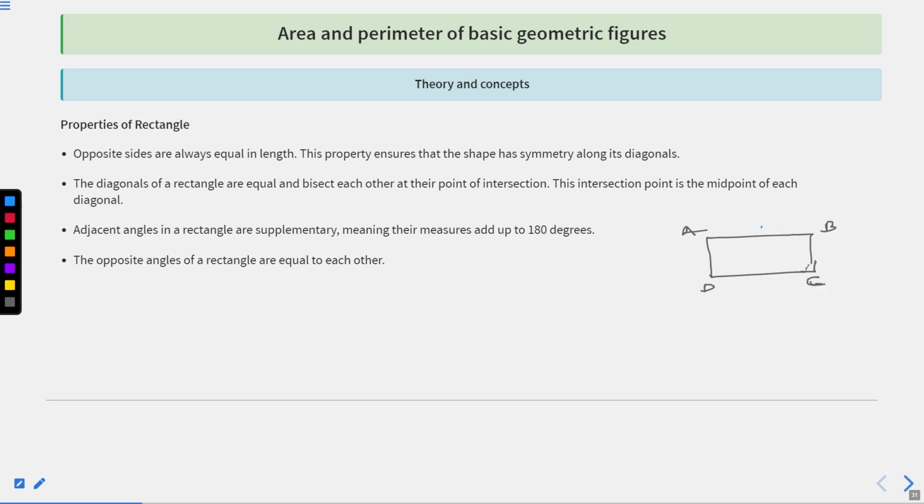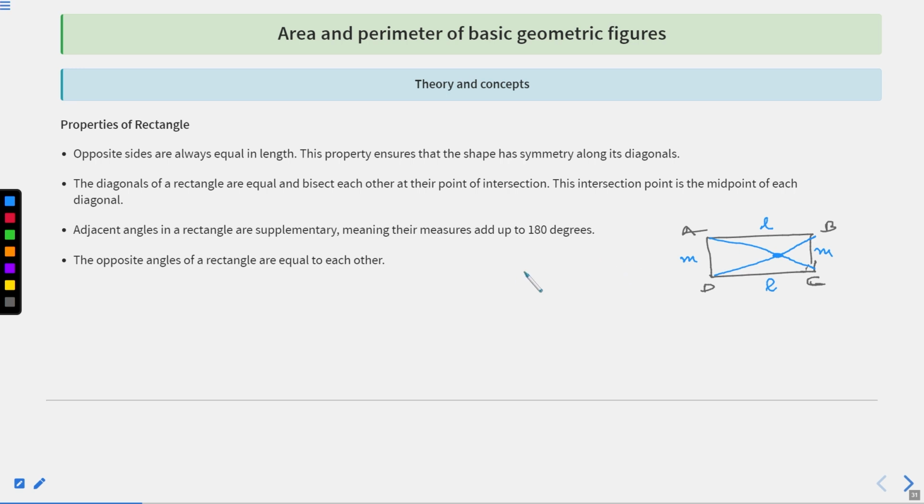So this length and this length are the same and this length and this length are the same. The diagonals of a rectangle are equal and bisect each other at their point of intersection. So this is a diagonal and this is a diagonal, and these two diagonals are of equal length and they both intersect at a point. This is that point, and this point of intersection is the midpoint of each diagonal.